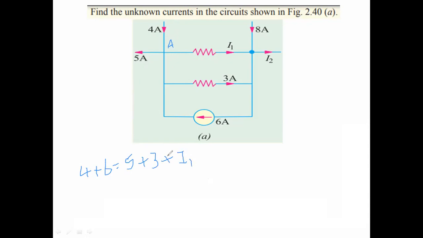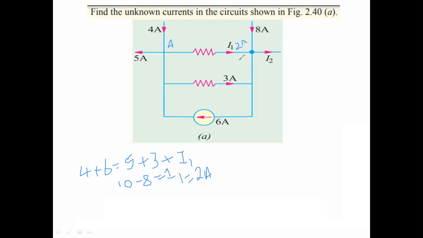So 10 minus 5 plus 3, which is 8, gives I1 equal to 2 amperes. Okay, I1 is 2 amperes.